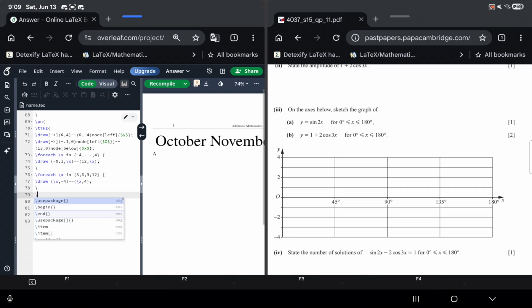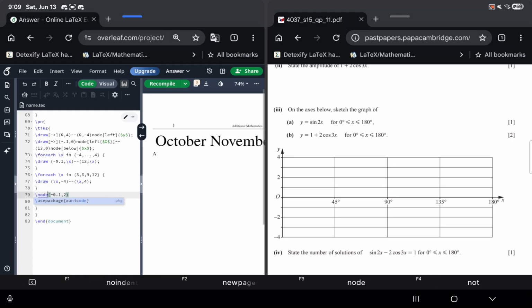Where we have draw 0, oh god, no, negative 0.1, sorry, and this is at 2.